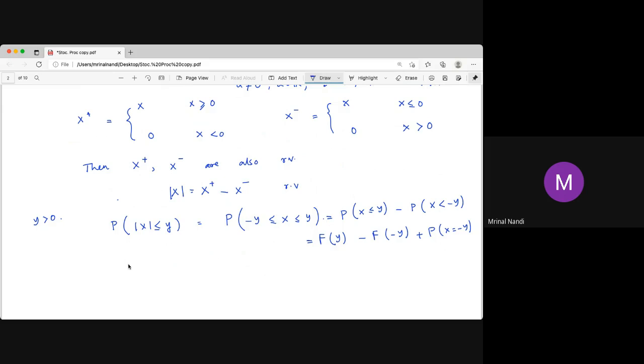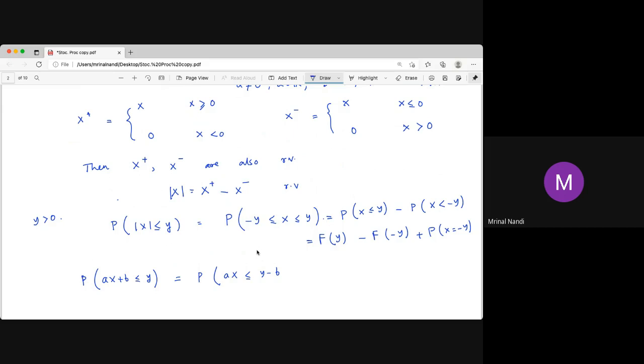Now similarly you can find the probability of that linear function of x, this ax plus b. Since it is linear, it is just ax less than or equal to y minus b. And then x less than or equal to what? There are two cases.